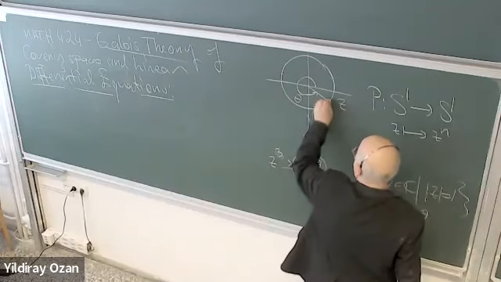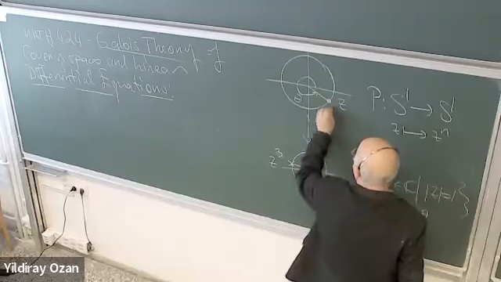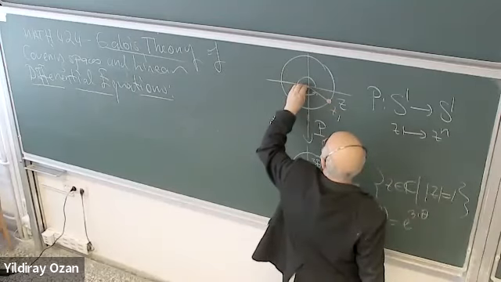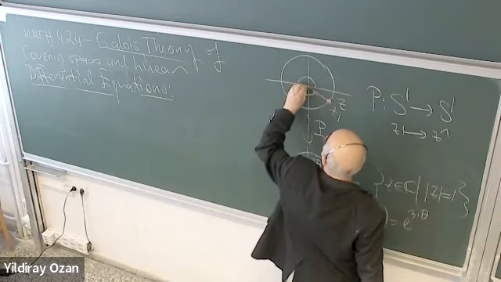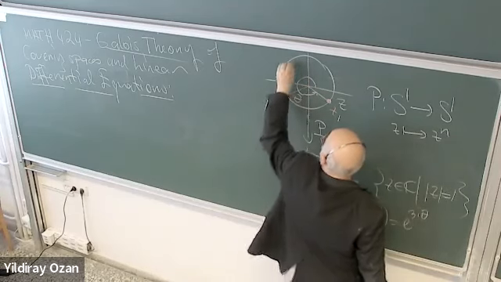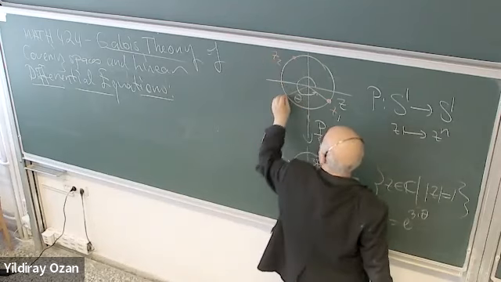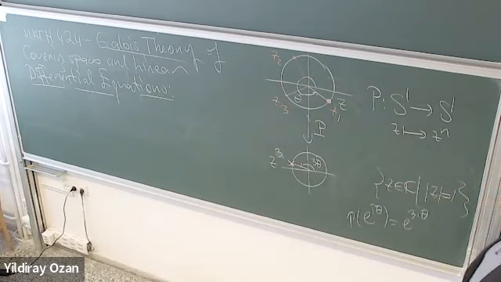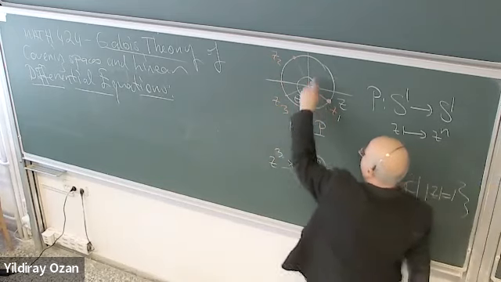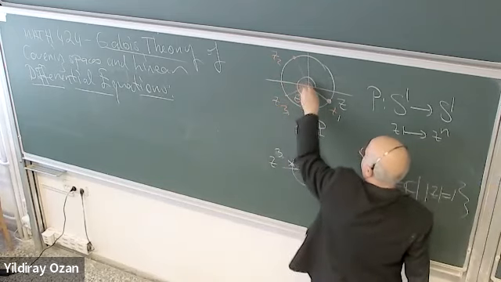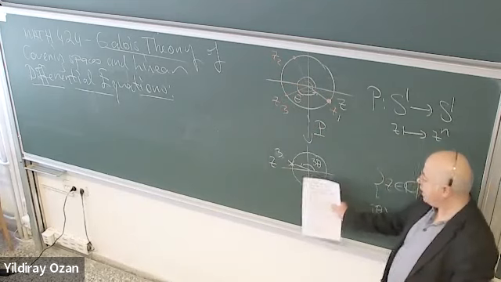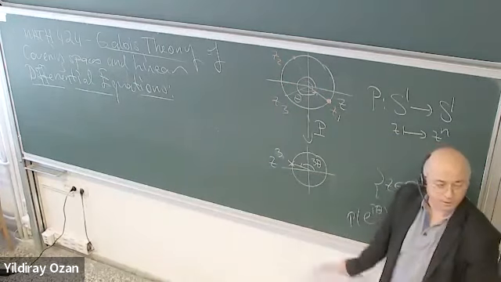One of them is this, let me call it Z1. And then two other ones, we know that they are equally spaced, right? So Z2 and Z3. These three numbers are equally spaced, so these angles are all 120 degrees. They are all mapped to this point.